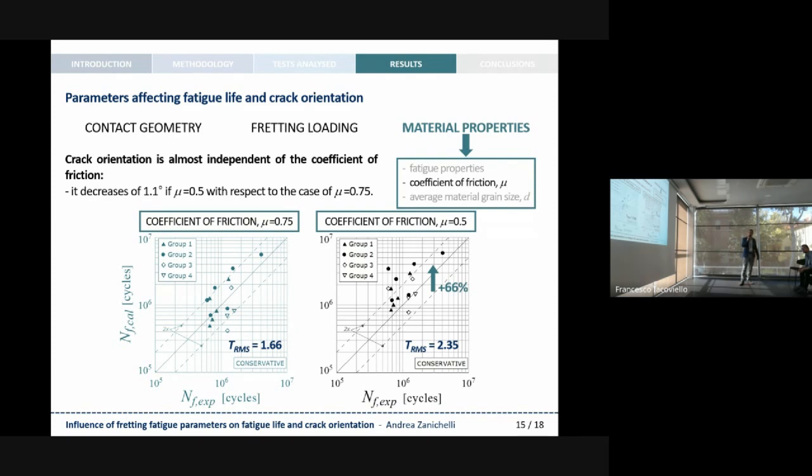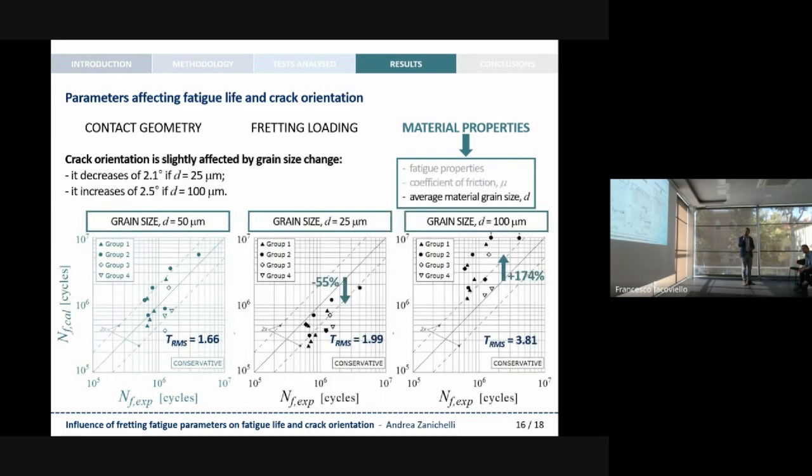So we have less conservative estimations if we decrease the value of the friction coefficient, whereas the crack orientation is almost independent of the friction coefficient, since it only decreases by about 1 degree by changing the value.